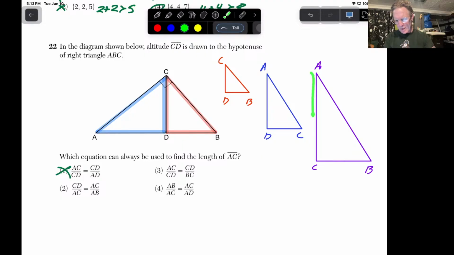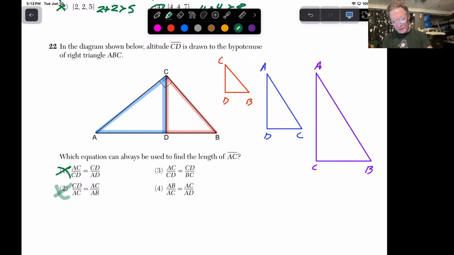Oh, I see. The other say A, so it's like CD over, so let me highlight them. CD over AC, does that map up with AC and AB? No, they're not in the same, no good. That one's out.